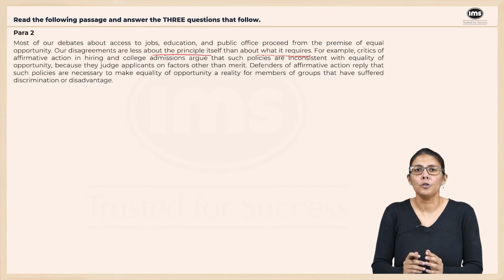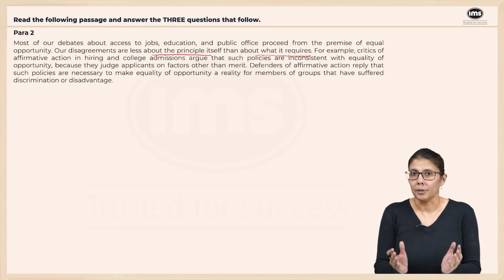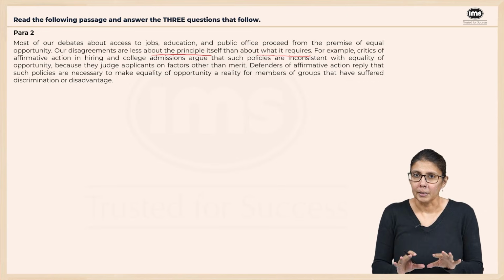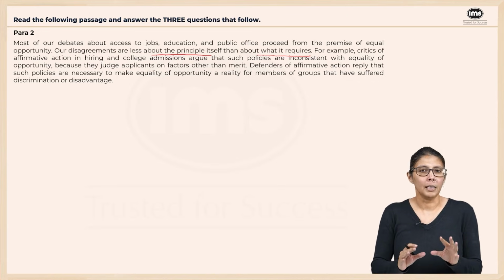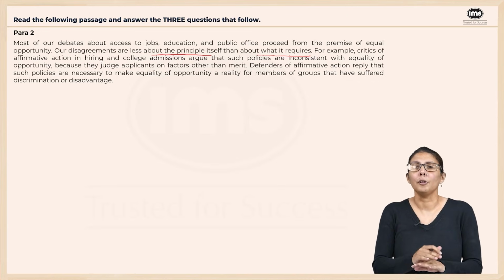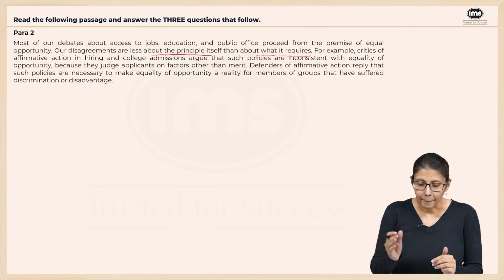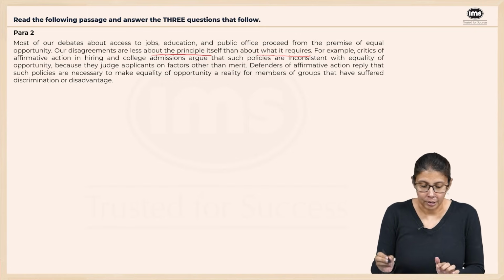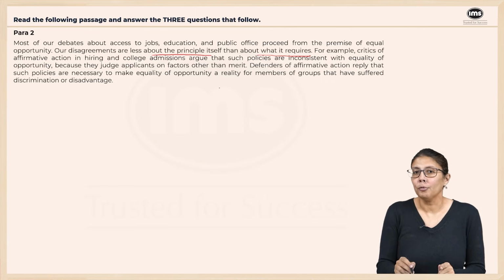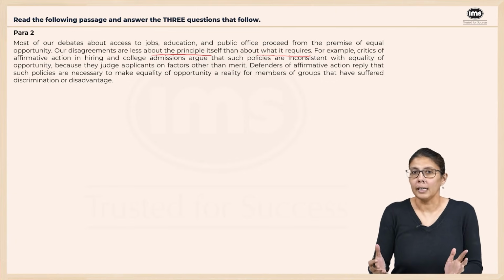Affirmative action refers to any policy in which we deliberately favor disadvantaged groups. For example, reservations would be a form of affirmative action. Now, some people are not in favor of it because they believe that it violates the principle of equality of opportunity. But the defenders of affirmative action say that such policies are necessary because equality of opportunity is not a real thing.